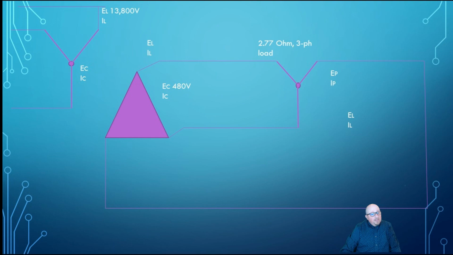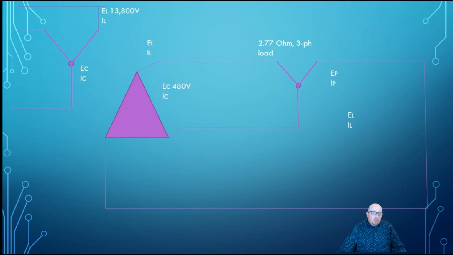If I were to draw it out, this is what it looks like. Everything we discussed, 13.8 primary going to a 480 volt with a Y-connected load of 2.77 ohms. Given the information that Chris has given us in the previous videos, we can solve everything here, with the exception of maybe the turns ratio, which we can cover real quick.